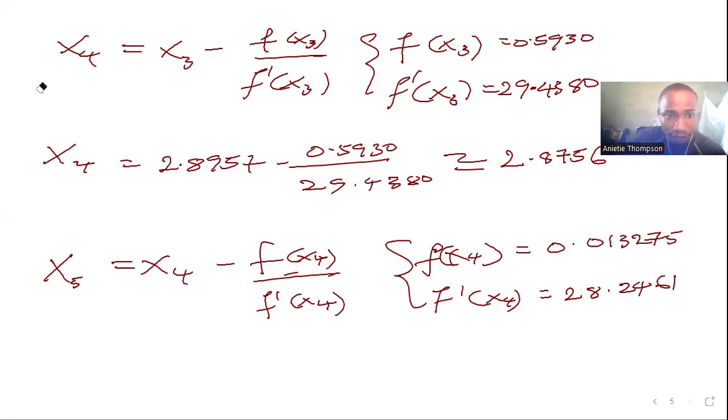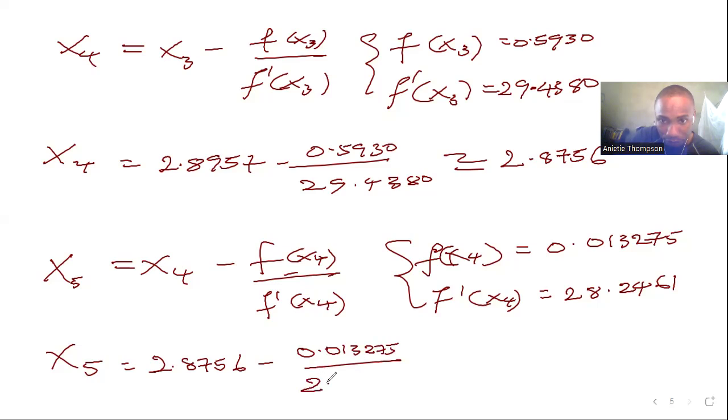Substituting that into the iteration formula, x5 will be equal to 2.8756 minus 0.013275 divided by 28.2461.